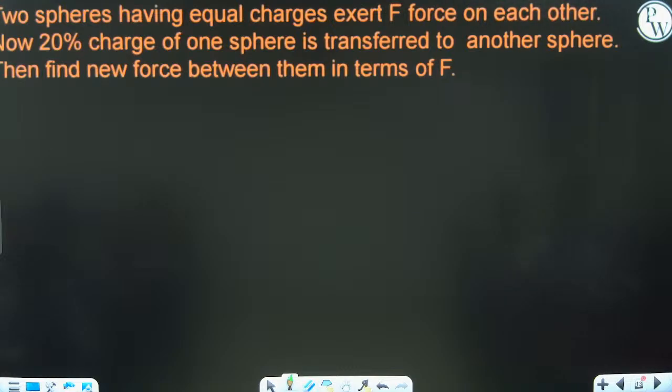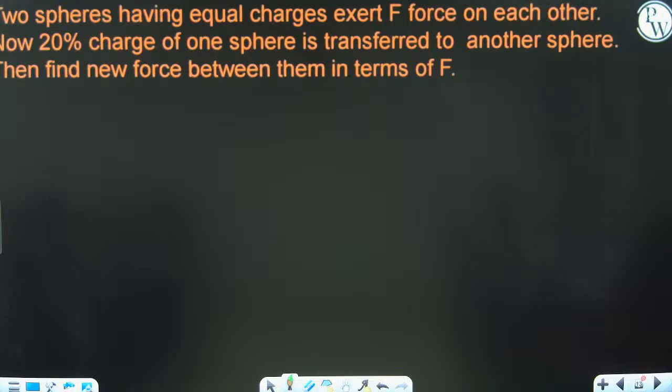Am I telling the correct question? Yes, the sequence is correct. So some of the charge from one body is transferred to the other body. 20% is transferred. Let's say initially it has 1 coulomb charge. So 0.2 coulomb is transferred. Correct? 20% means 0.2 coulomb.